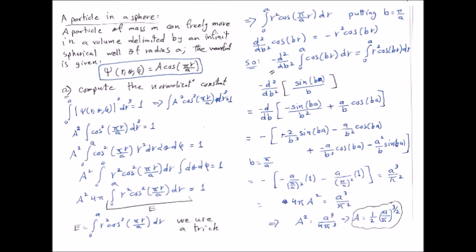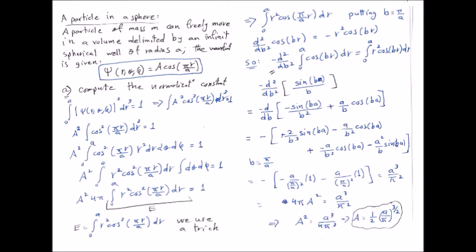Now I use the fact that p equals pi over a, and so every sine will go to 0, because it will give you sine pi, which is 0. Firstly, I have just two terms. By calculation, it will give you just a cubed over pi squared.